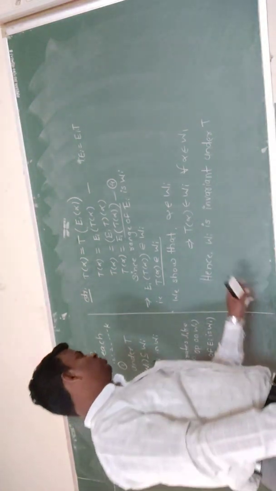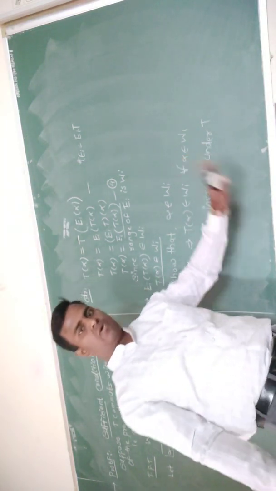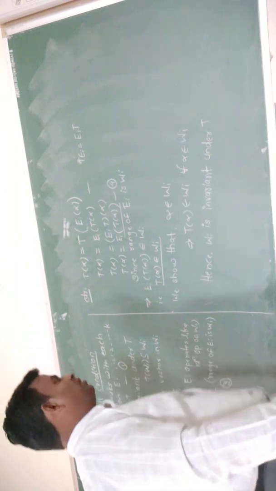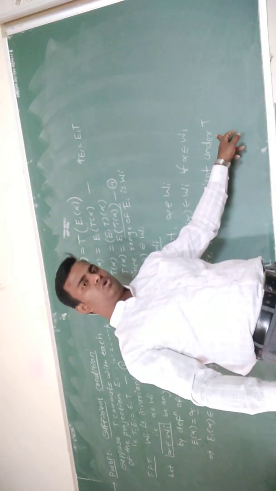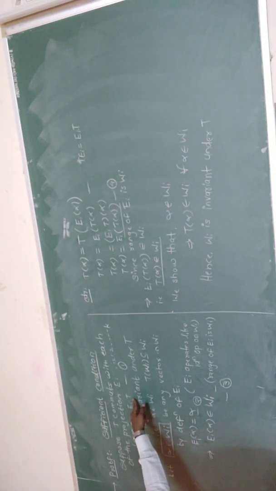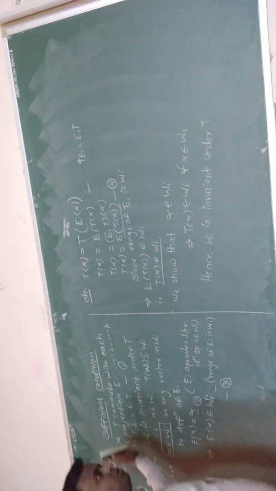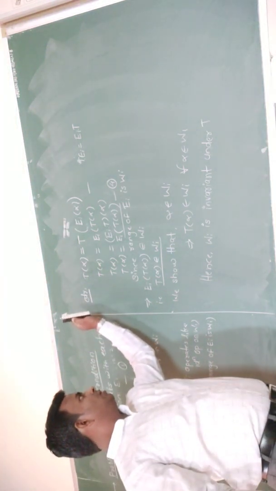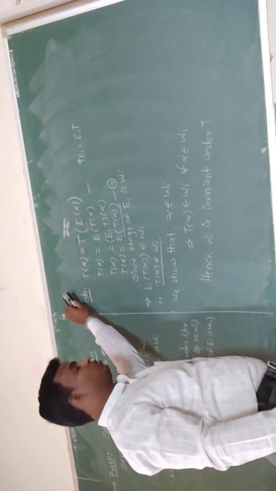So W_i is invariant under T. Next, we have to show that assuming W_i is invariant under T, each E_i commutes with T. Understood? If anyone has a doubt, ask me in message, ask me on WhatsApp.